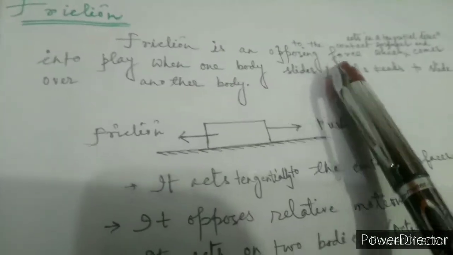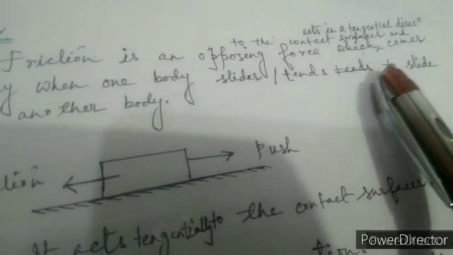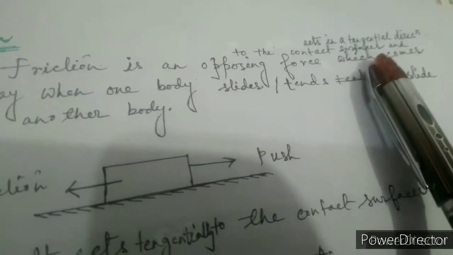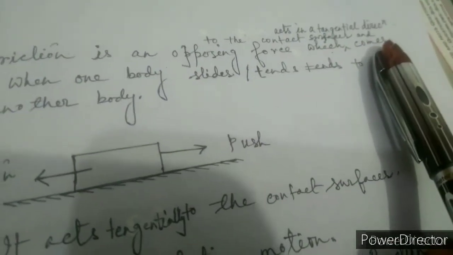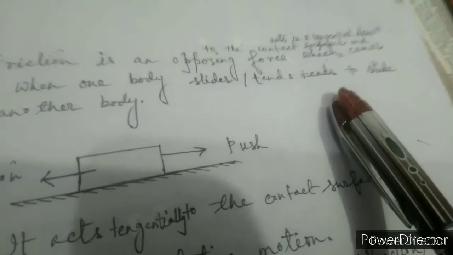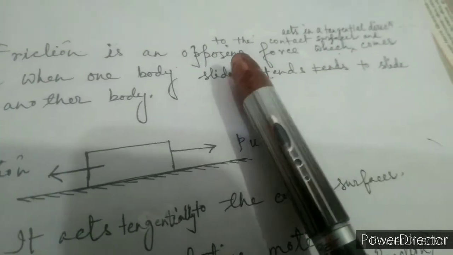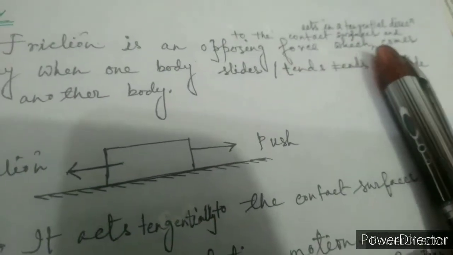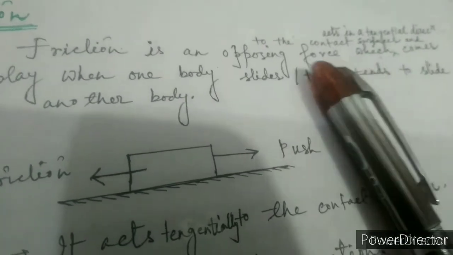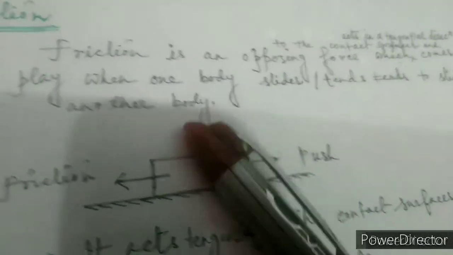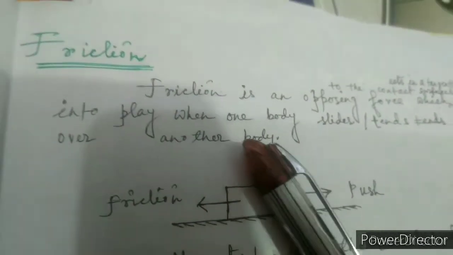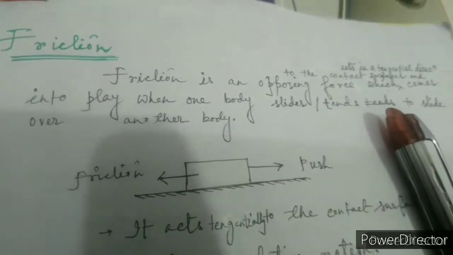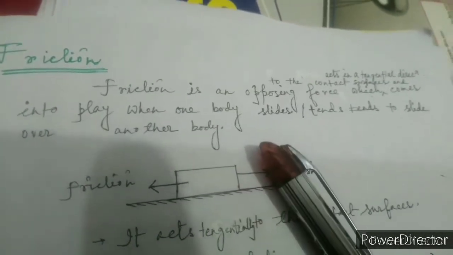So it is an opposing force which acts in a tangential direction to the contact surfaces, and comes into play when one body slides or tends to slide over another body.